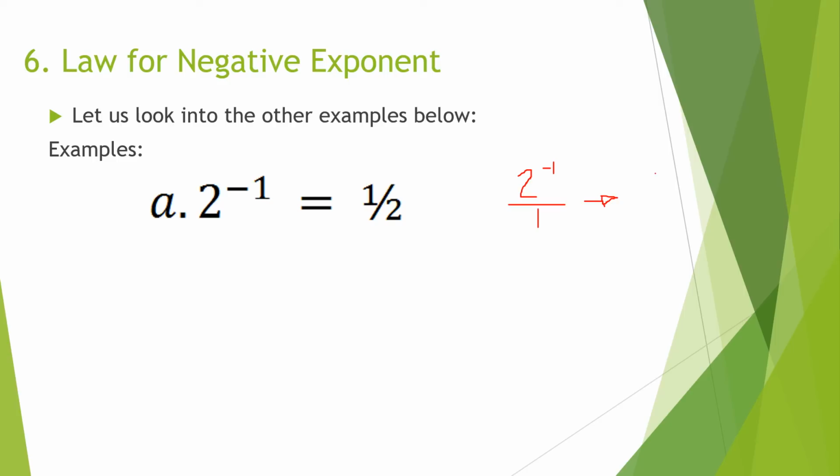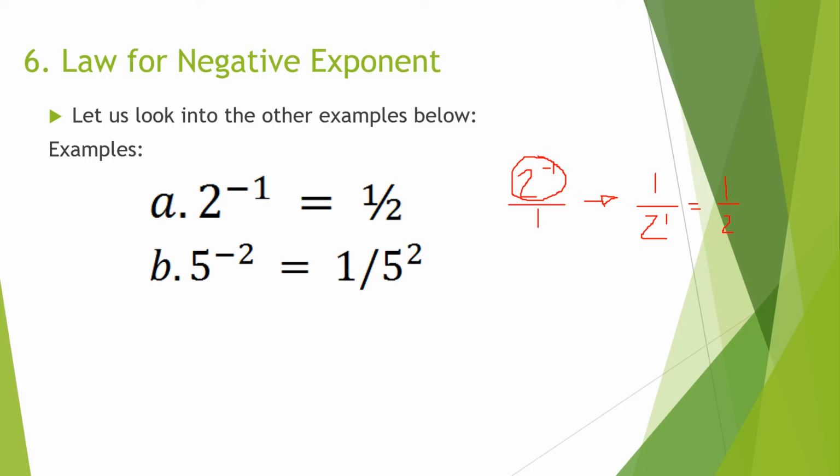So we have 1 over 2 raised to 1. For our exponent to become positive, we have to get its reciprocal. So the reciprocal of this is 1 over 2 raised to 1, or again, it's okay if we do not put 1 as an exponent. So 1 over 2, or 1/2, is the answer for letter A.